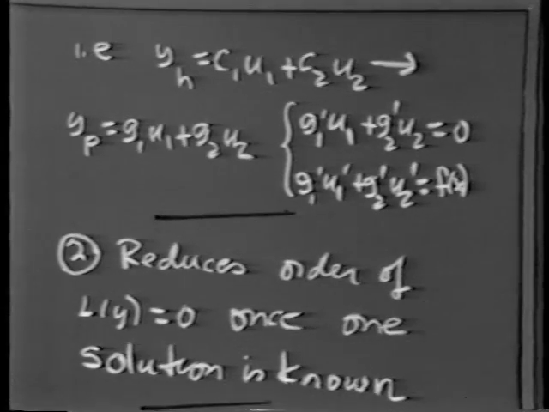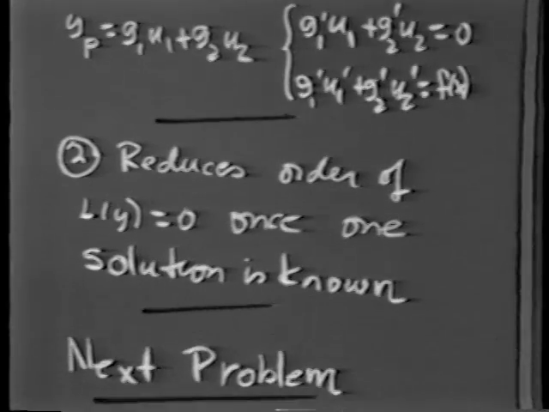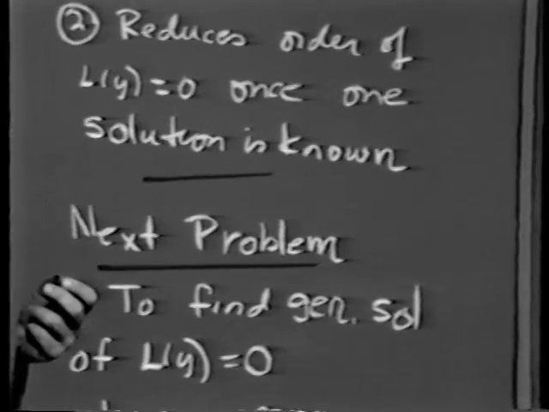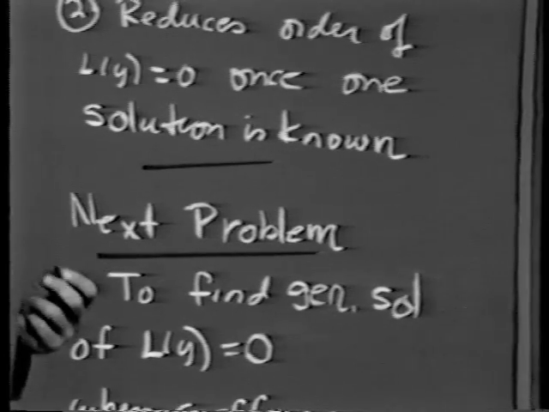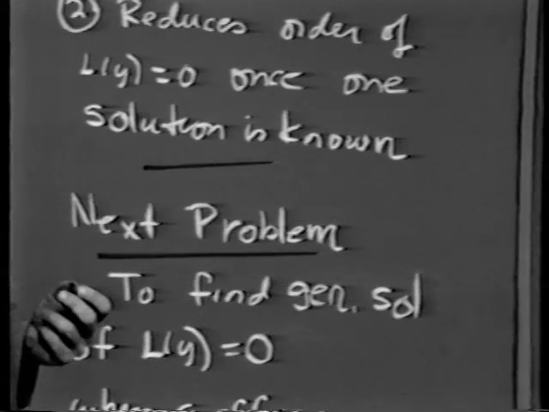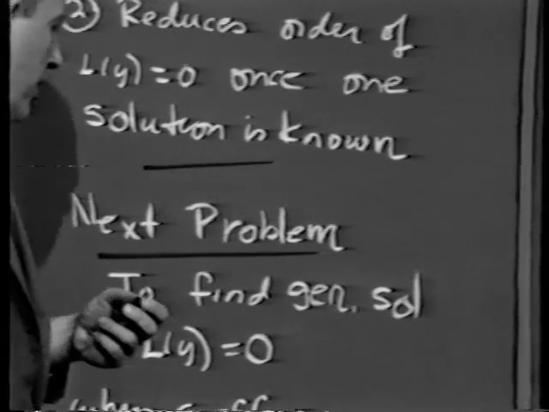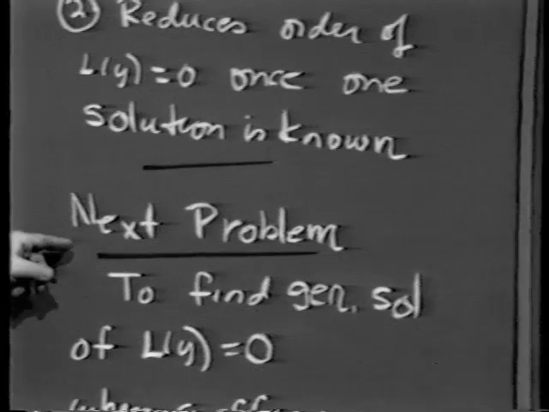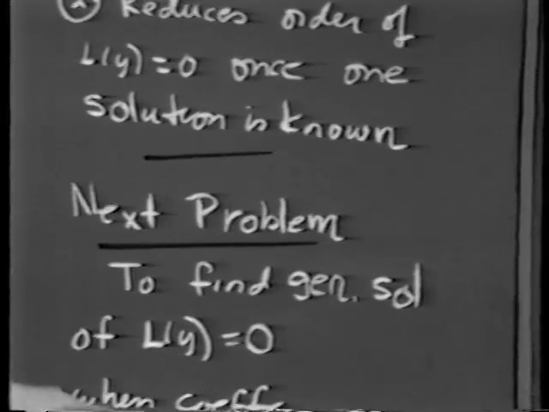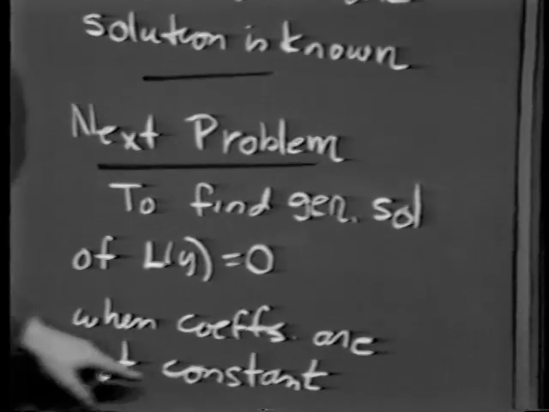What we want to tackle next is what's still lacking. And that is that the success of the method known as variation of parameters hinges on the fact that we have the general solution of the homogeneous equation. In other words, our next problem is to find the general solution of L of y equals 0 when the coefficients are not constant.